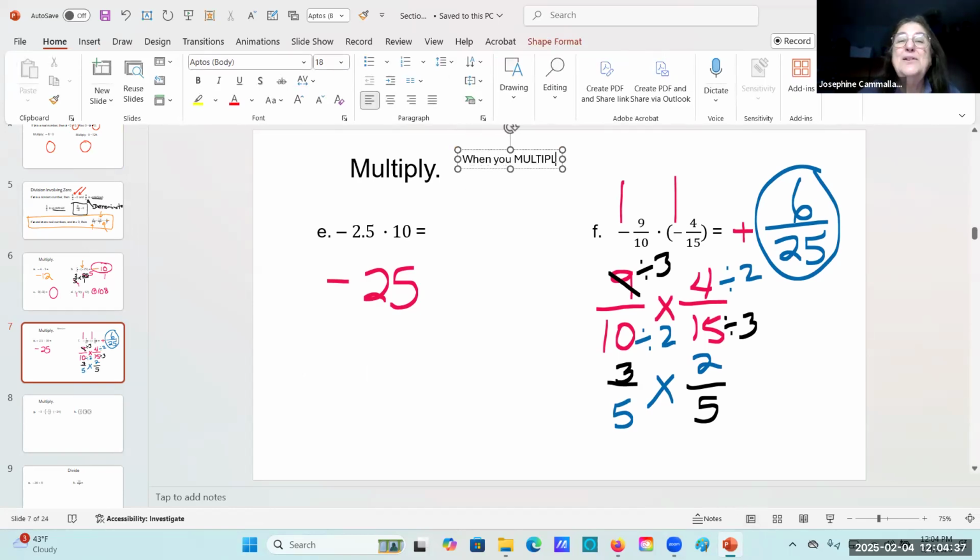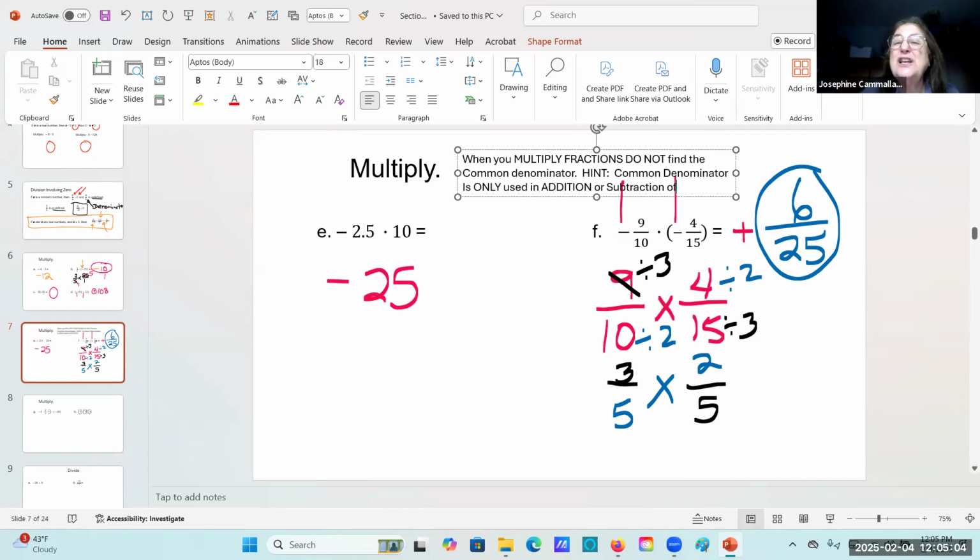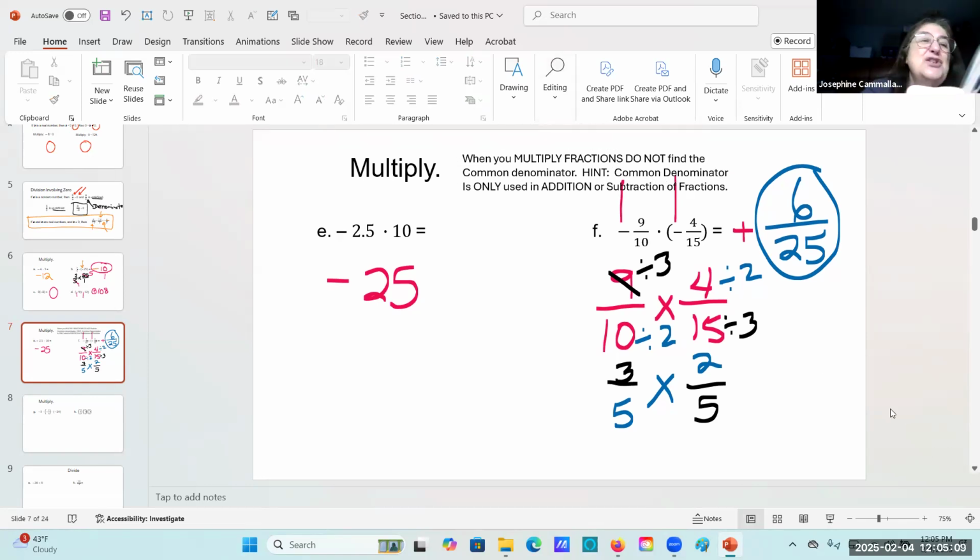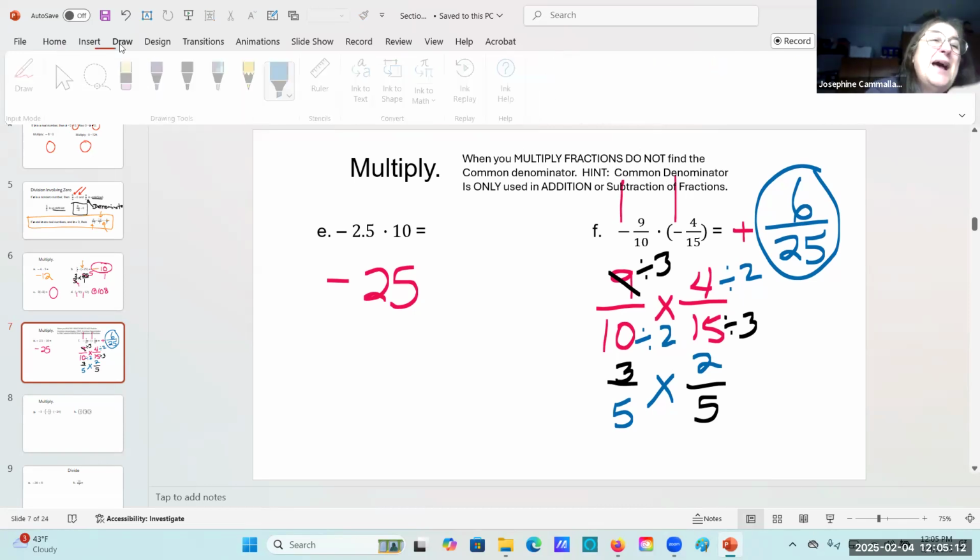When you multiply fractions, do not find the common denominator. Hint, common denominator is only used in addition or subtraction of fractions. So keep that in mind.